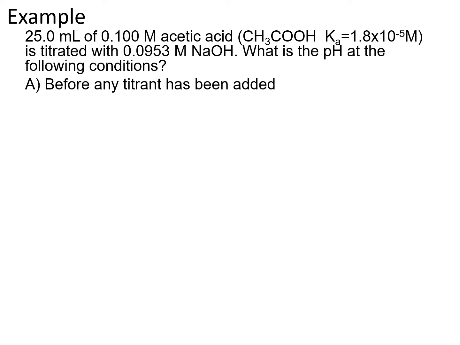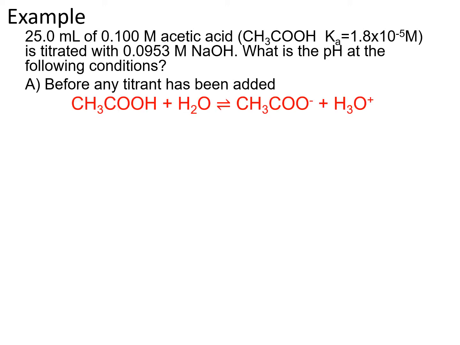Before any titrant has been added, I essentially have a weak acid solution. So we've already talked about how to calculate pH of those solutions, but this will be a review. I would go ahead and write my reaction of my acetic acid with water, making its conjugate base, the acetate ion, and the hydronium ion.